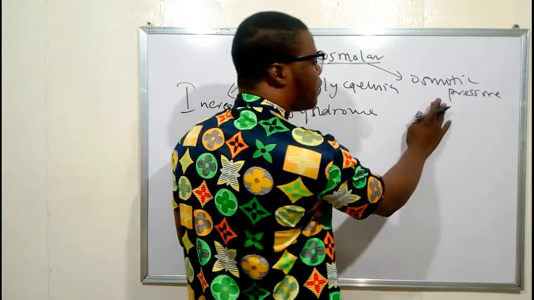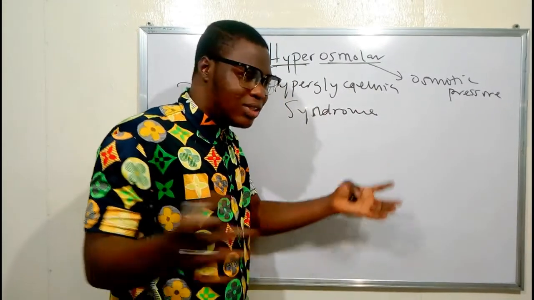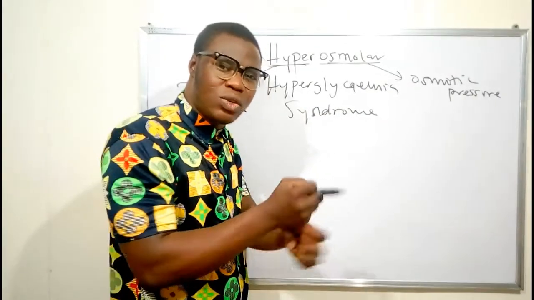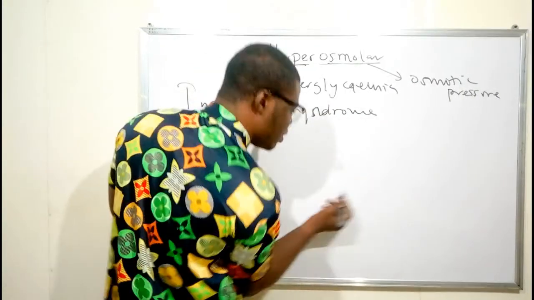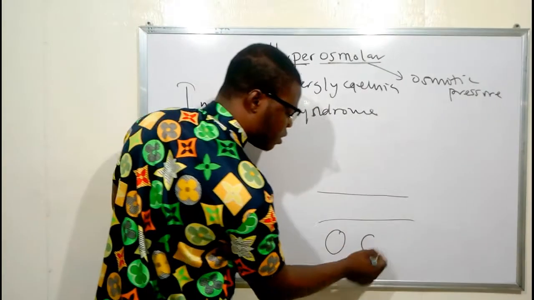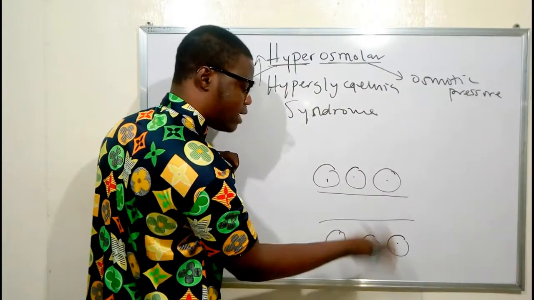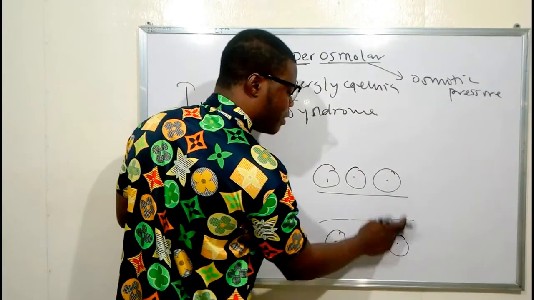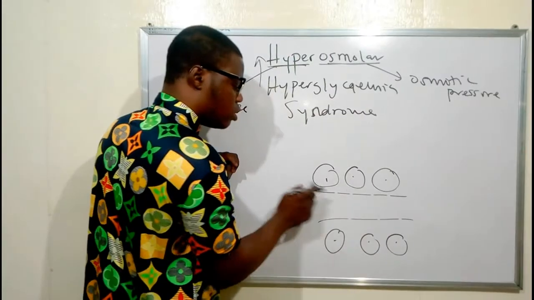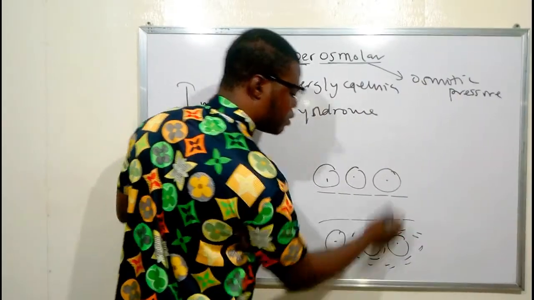So, osmotic pressure is a kind of pressure that works within the capillary bed. It draws fluid back into the what? Into the bloodstream. If this is the capillary bed, for example, and we have the cells right here, cells that want to feed on glucose or anything, the fluid within this place is called the tissue space.